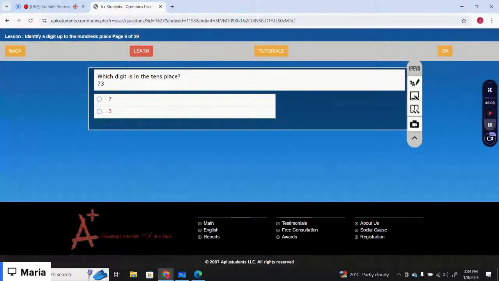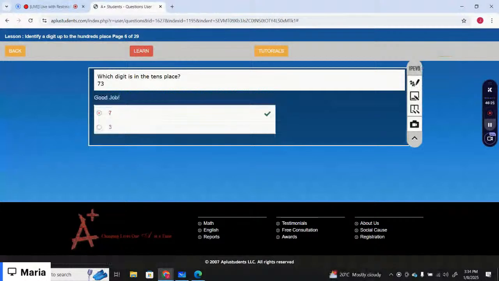Which digit is at the tens place, which is the correct option? Seven is at the tens place. Option number 1 is the correct option.